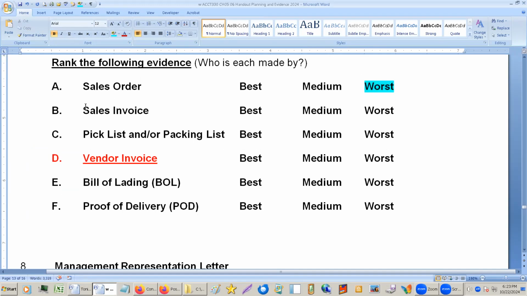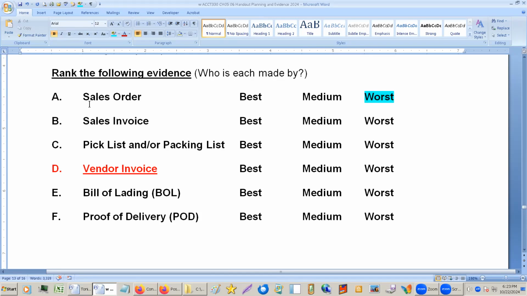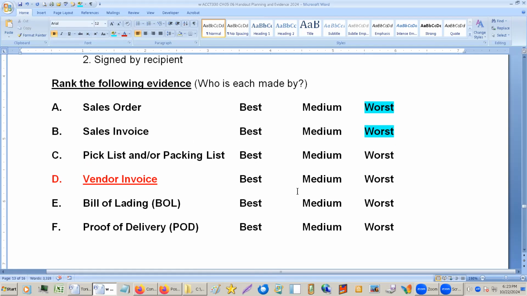Sales invoice, same thing. It would be the worst because it's made by a client and held by a client. And packing list, it would also be the worst, made by the client too.